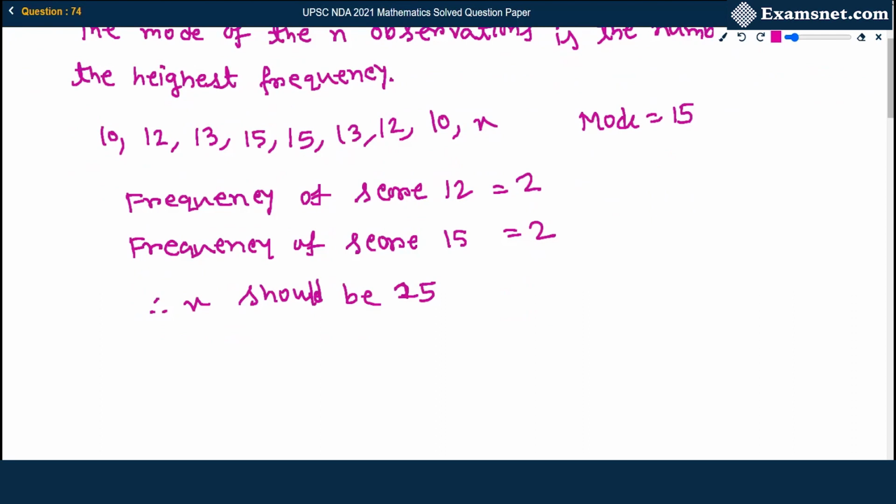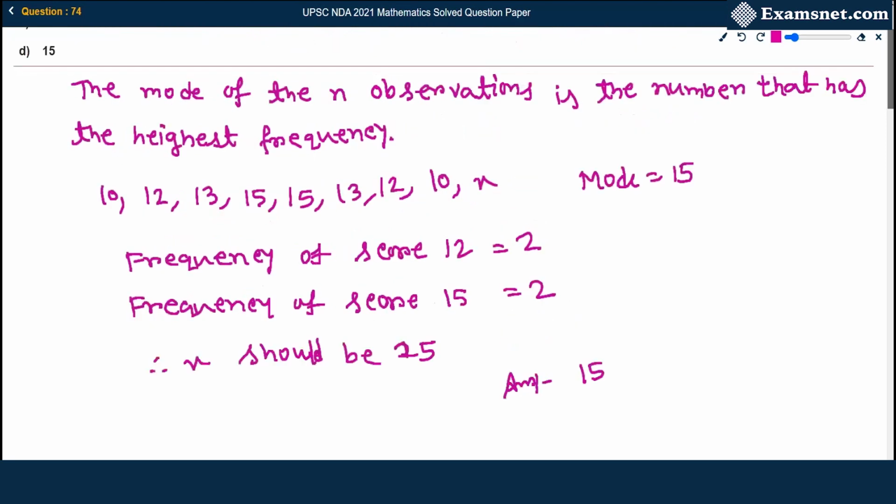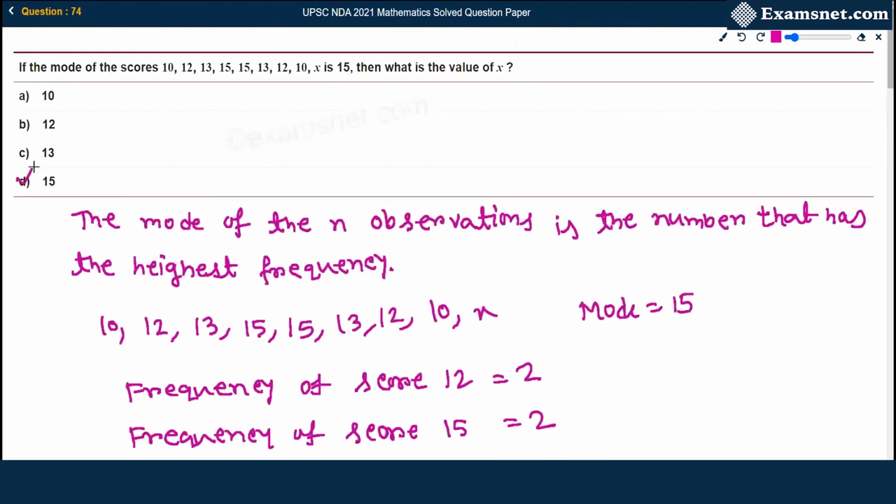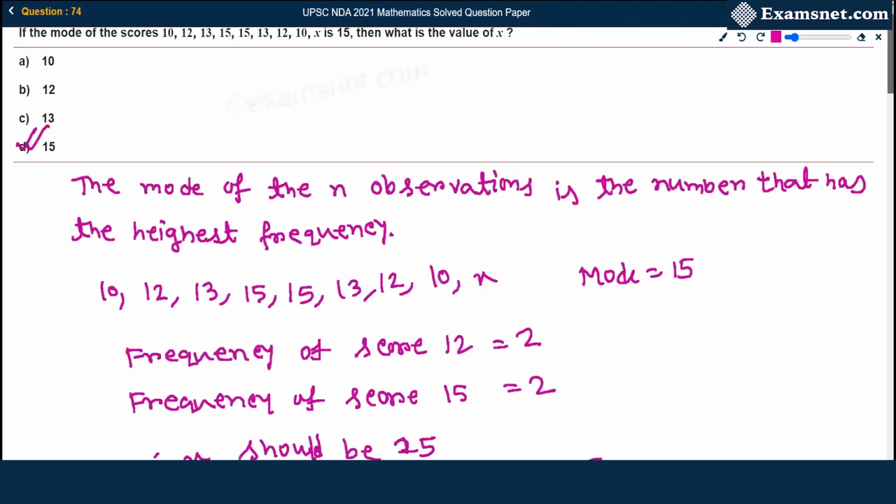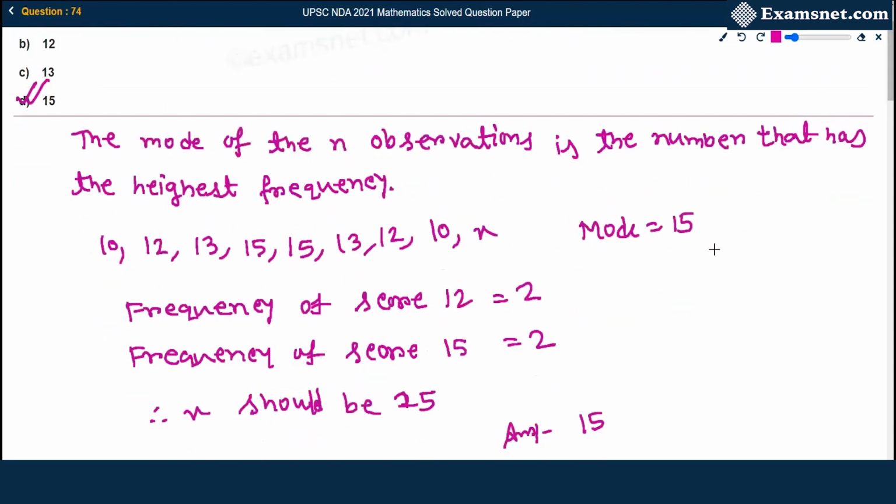So here the answer is 15. Let's check the options. Option D is the correct one. Remember, since the mode is 15, X should be 15 because after that 15 will occur 3 times. So it will be the highest frequency. That's why 15 is the mode.